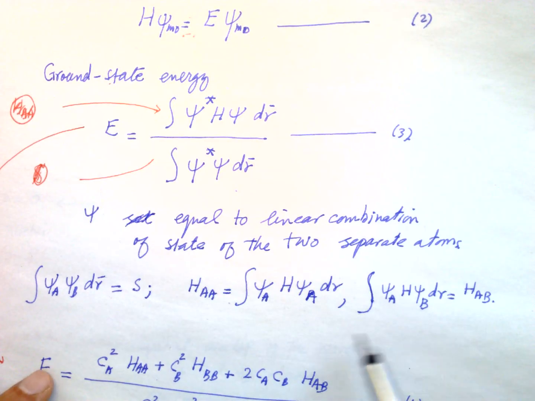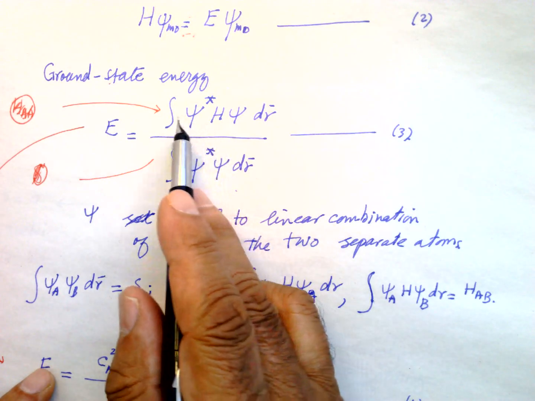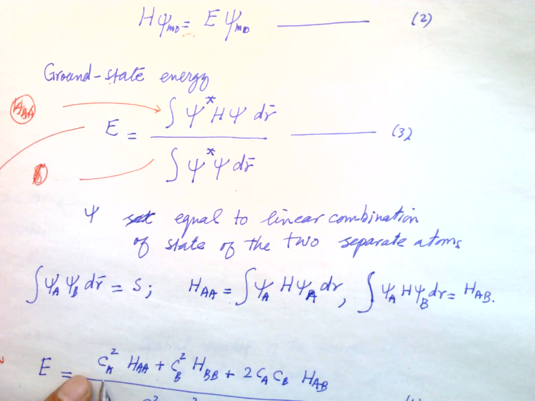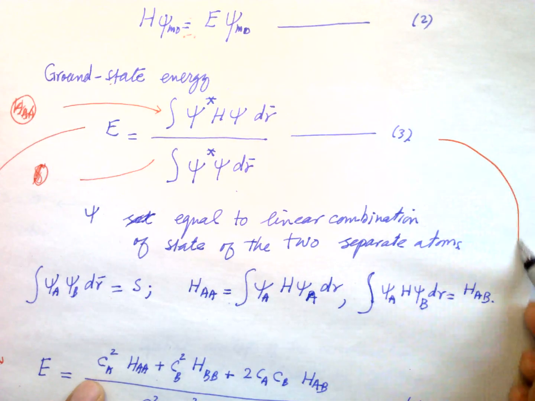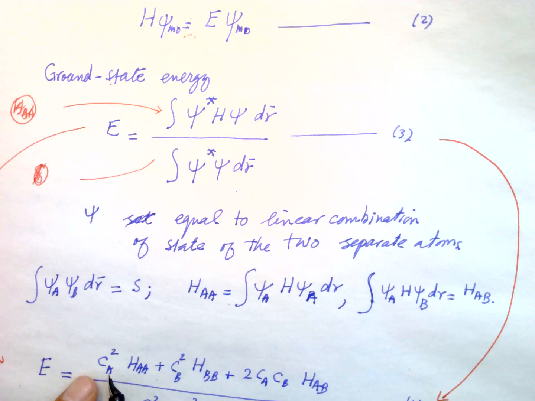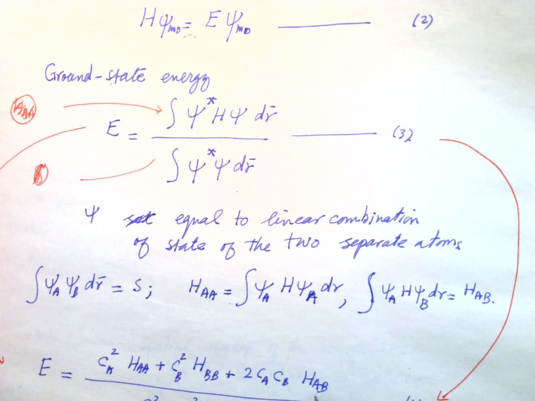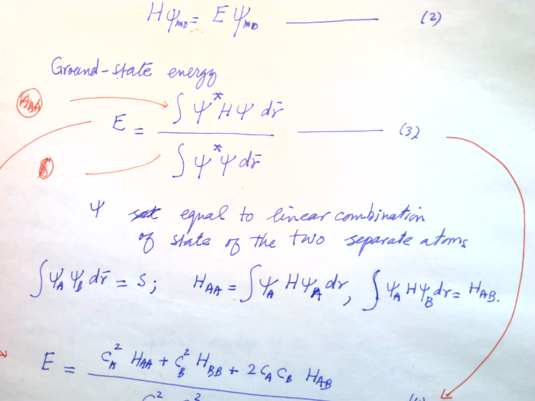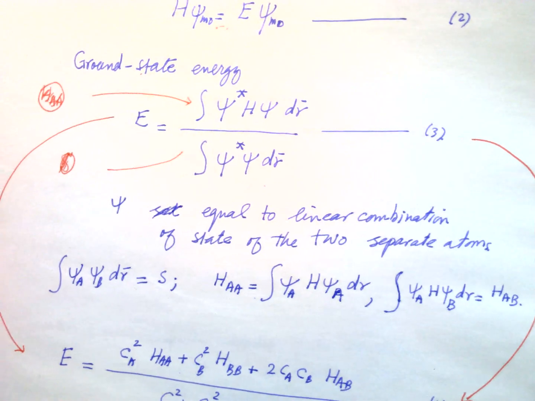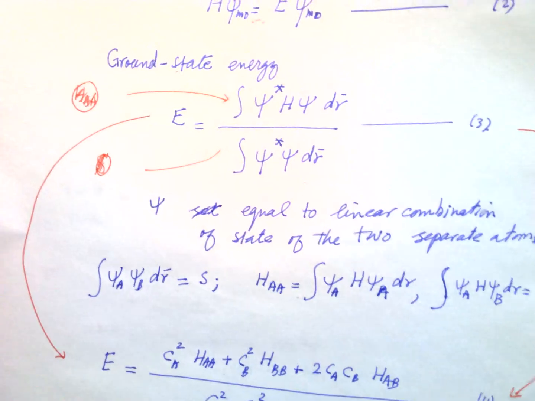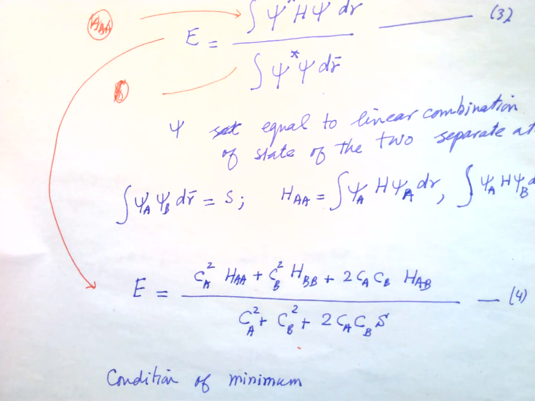If we substitute this value, we will get the equation: E equals CA squared HAA plus CB squared HBB plus 2 CA CB HAB, over CA squared plus CB squared plus 2 CA CB S.